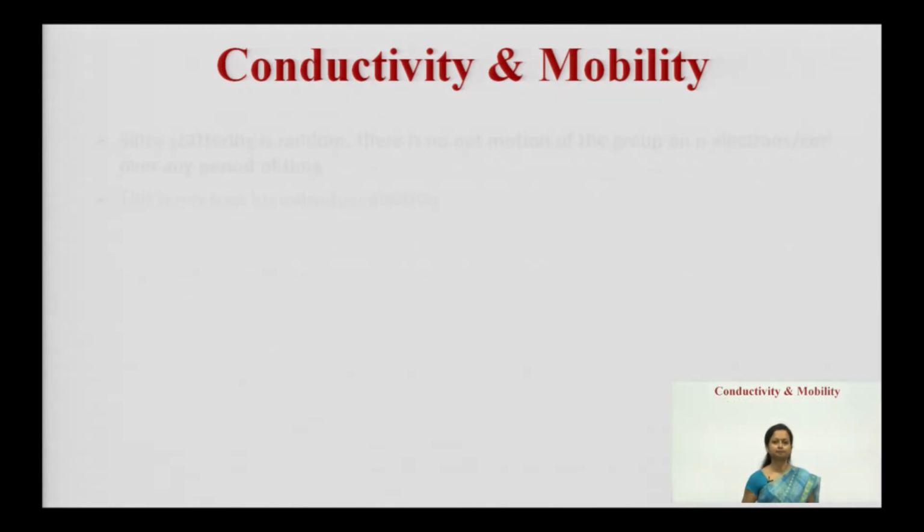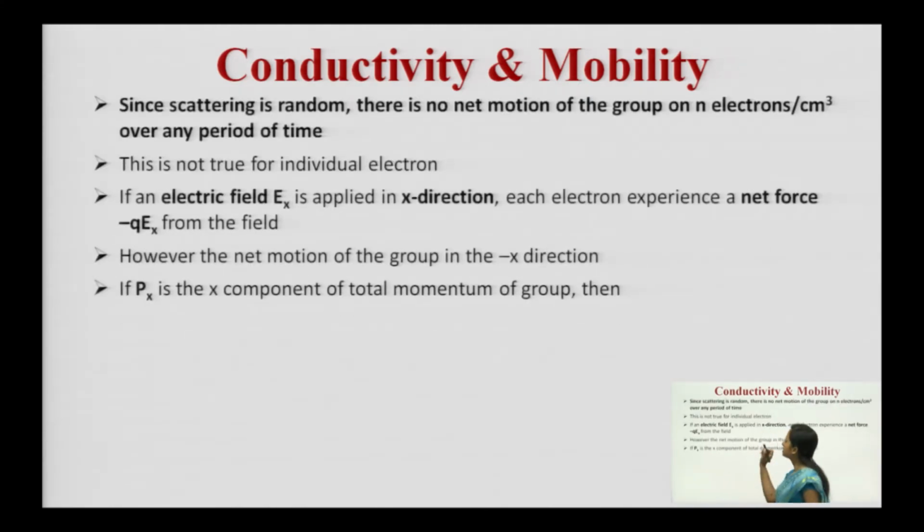This is going to be helpful for explaining and understanding what mobility is and how to calculate it. Now, since scattering is random, as I have told you, electrons are moving randomly in all directions. Since scattering is random, there is no net motion of the group. You cannot evaluate how a particular group is moving. One electron is moving in this way, another in this way, another in this way. So, how do you identify the direction in which the net group is moving at any particular instant of time?